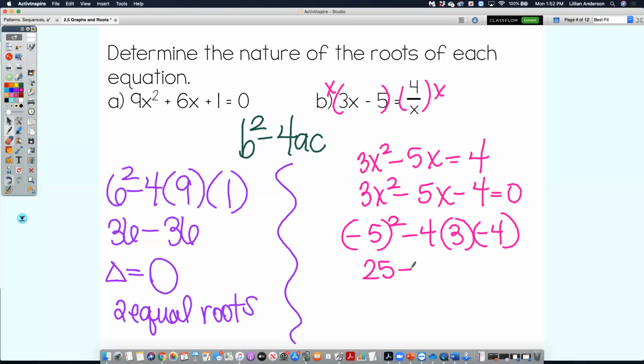Minus 4 times 3 is 12. 12 times -4 is -48. And 2 negatives make a positive. So then my discriminant is going to be 73, which means what type of roots are we going to have? 2 different real roots. 2 different or distinct real roots.